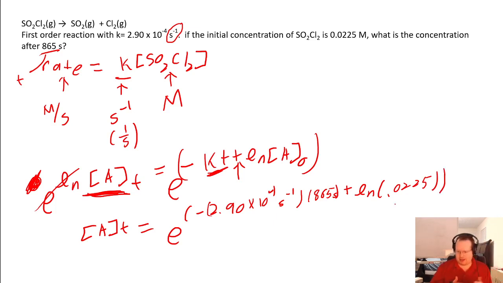Now, I'll make a comment. When we do the setup we have here, you'll notice that we're just going to kindly not worry about the fact that the natural log has a unit there and how that works out in the end to get you molar. We're just going to say it works out. You could use your rules of logarithms, split up this exponent, the e and the ln end up canceling, and you get something that has molarity in it so that it makes sense.